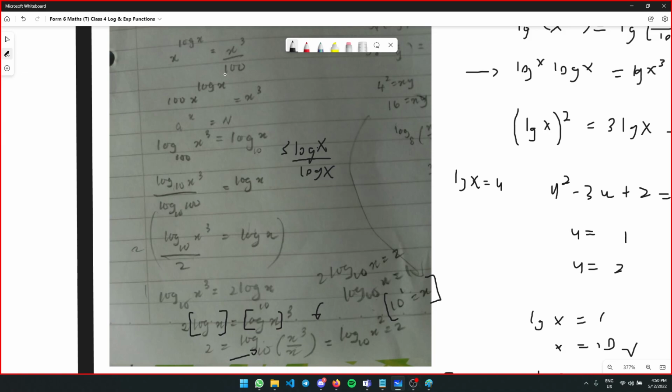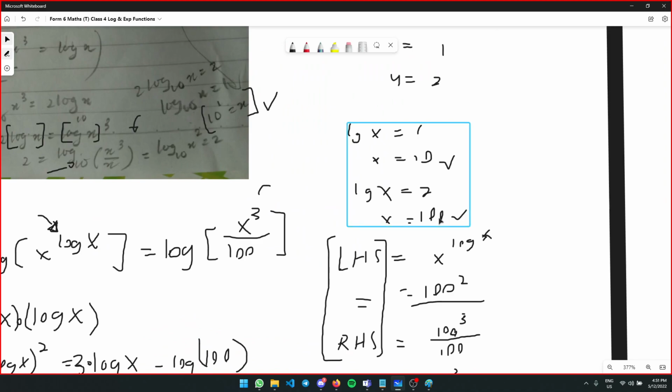Wow. The answer is wrong. That is the right answer, but the working is wrong. No, my answer is 10. Yeah, I told you x is also 10. There are 2 possible answers. x can be 10, x can be 100.